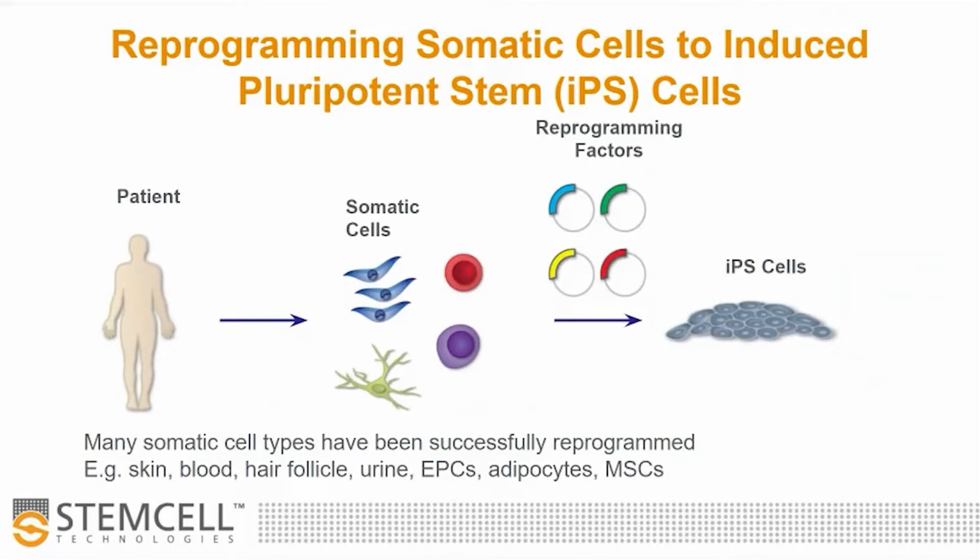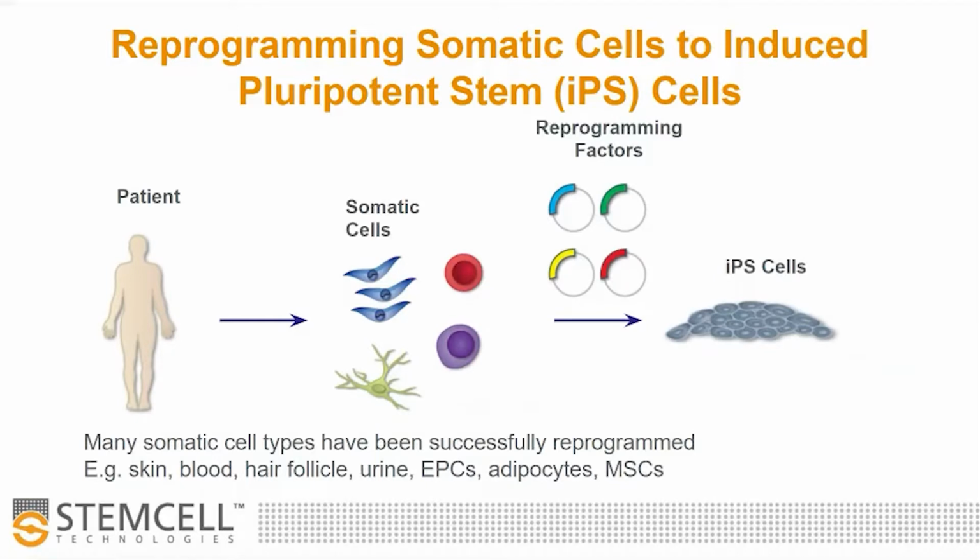Prior to 2006, researchers who were interested in studying pluripotency had to use embryonic stem cells, which are derived from the inner cell mass of the blastocyst. In fact, many researchers had constraints at their institutes which prevented them from using embryonic stem cells.